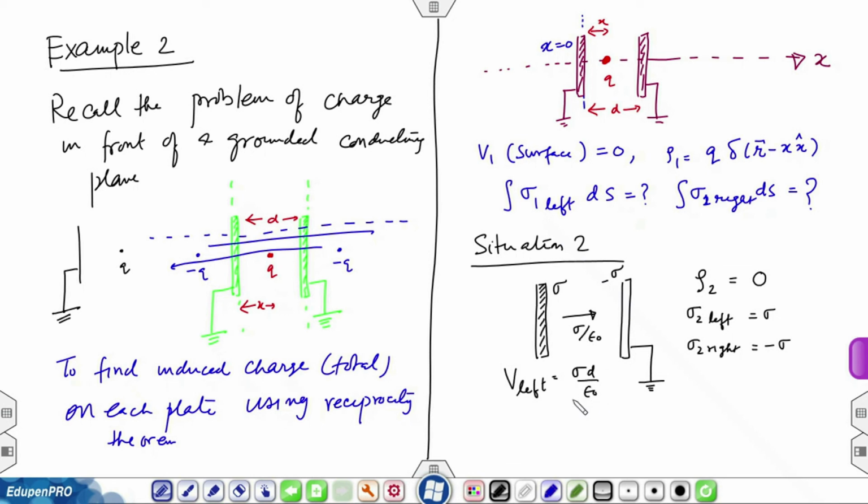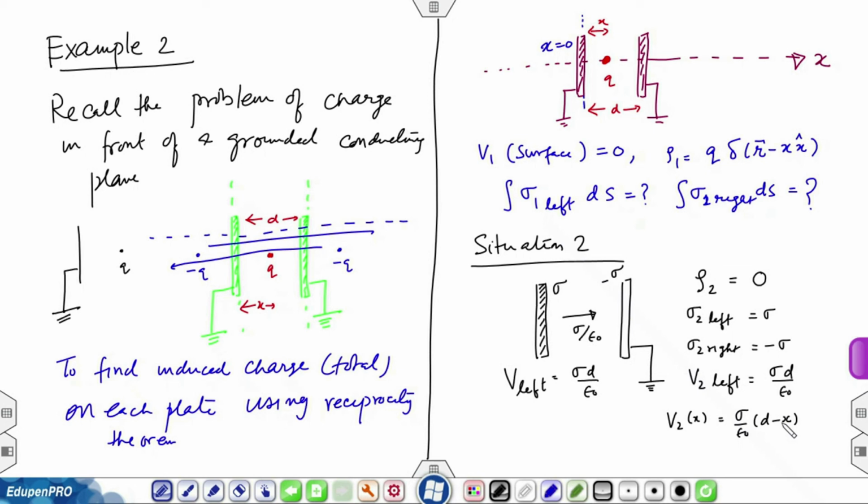So, let us write V2 on the left plate is equal to sigma d over epsilon 0, and V2 as a function of x is going to be sigma over epsilon 0 times d minus x. So, that when x equals d, V2 is 0, which is on the right plate, and x equals 0 is sigma d over epsilon 0. So, we have all the ingredients now.